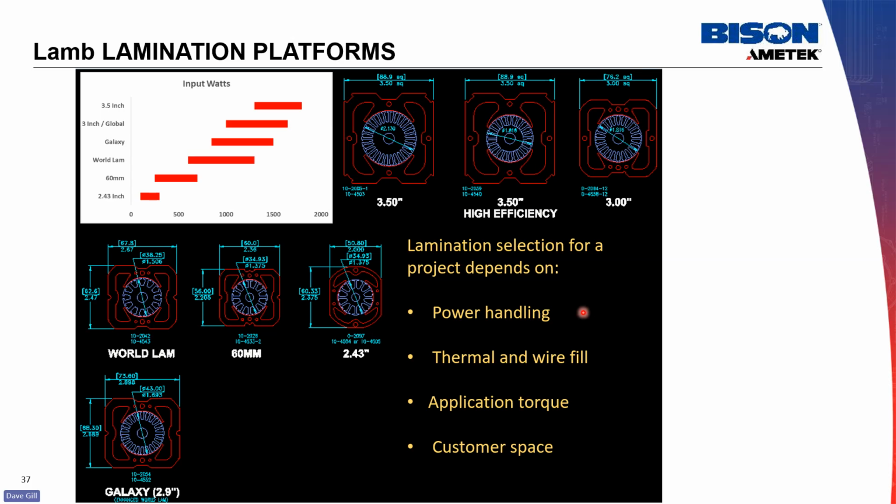Is this a low power application or a high power application? What's your thermal condition? Is it in danger of running hot because there's not much airflow? And that determines how much copper wire we need in order to keep the thing cool.